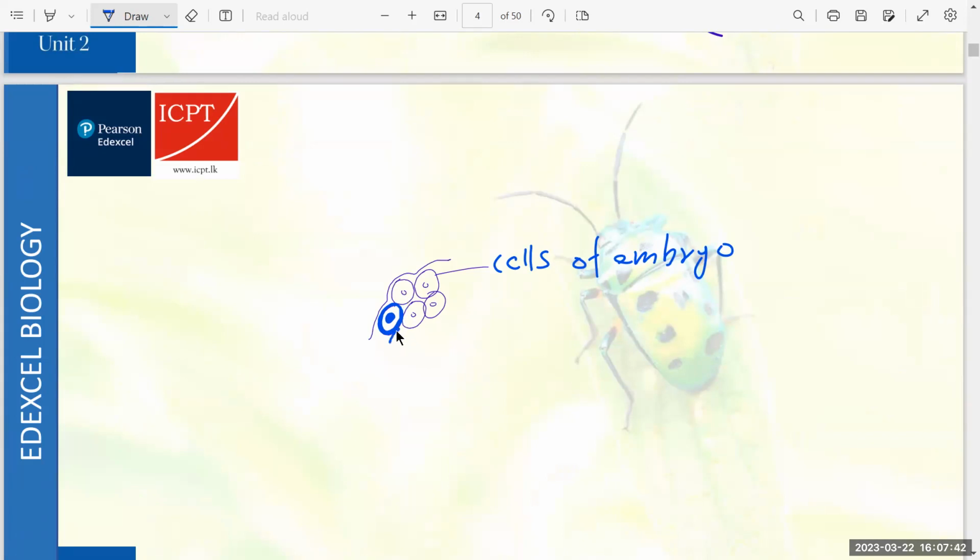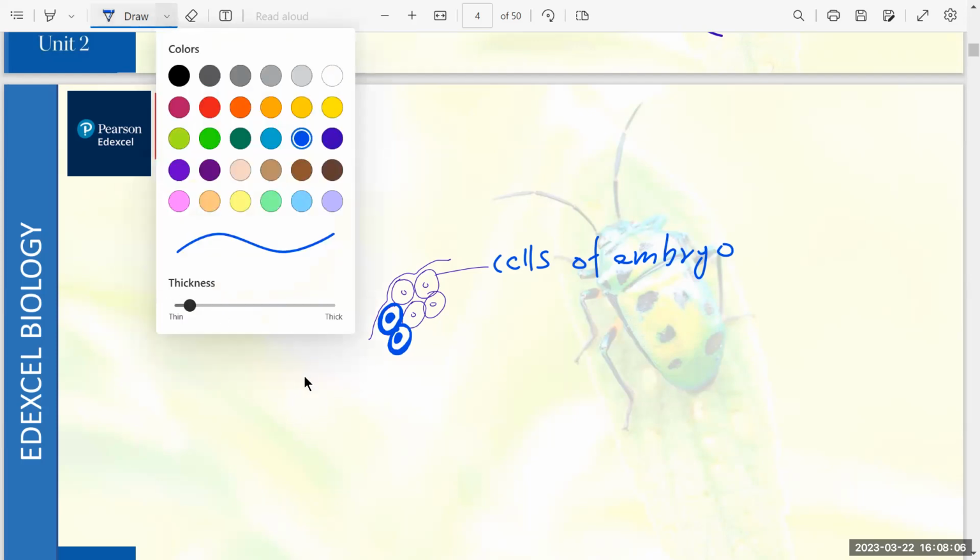So what will happen if it undergoes mitosis? We can see like this. Two cells form. Now likewise, the cells are dividing, right?